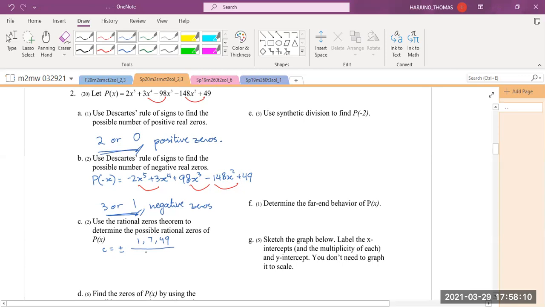And the leading coefficient is 2, so the denominator must be a factor of 2. So c will be plus or minus 1, plus or minus 7, plus or minus 49, plus or minus 1/2, plus or minus 7/2, plus or minus 49/2. No other possible rational zeros but these.